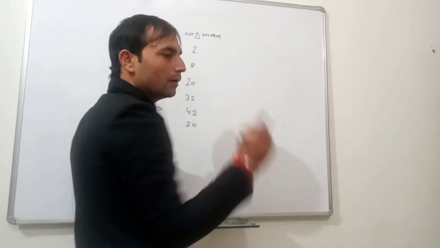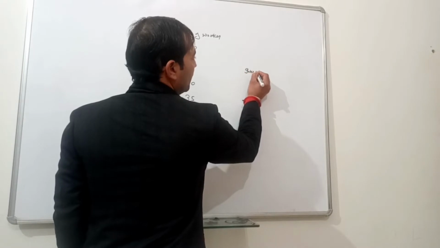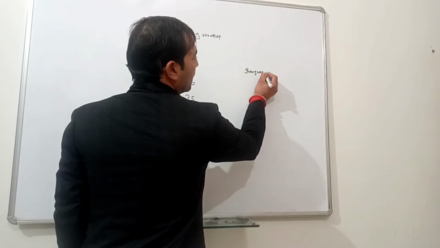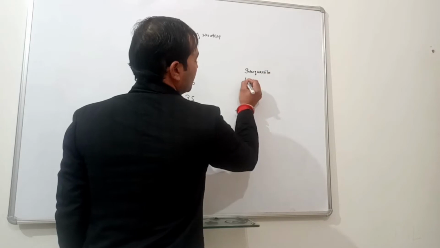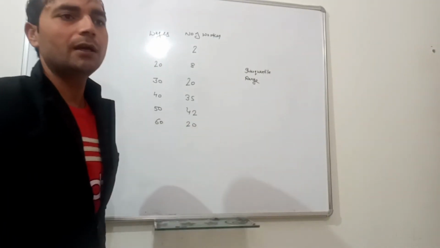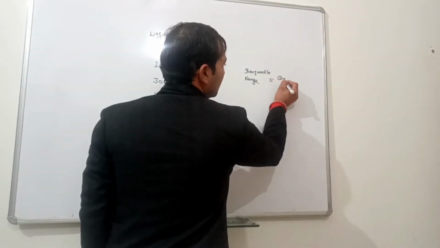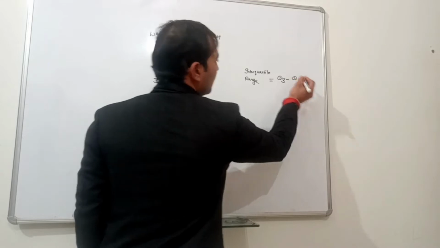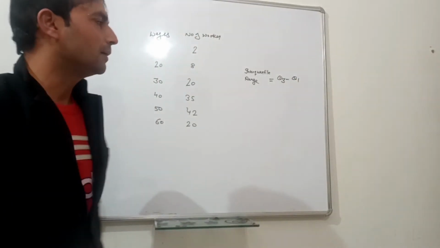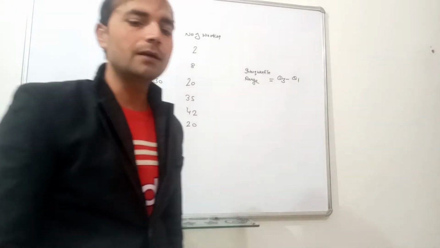Now first of all we calculate the interquartile range. How to calculate interquartile range? The formula is quartile 3 minus quartile 1.